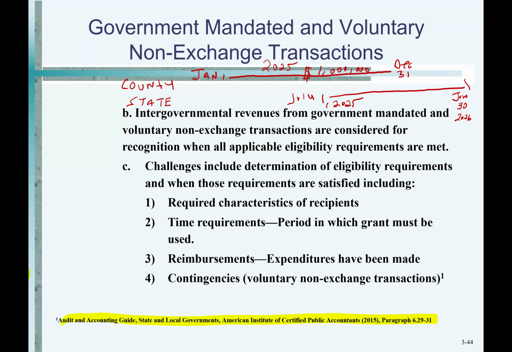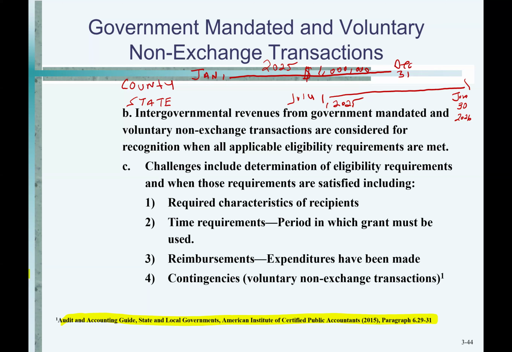Now, you're kind of feeling, well, wait a minute, because they really didn't meet the time requirement. We didn't know that they met the time requirement until June of 2026, and they would almost certainly meet it because they don't want to turn the money back to the state.